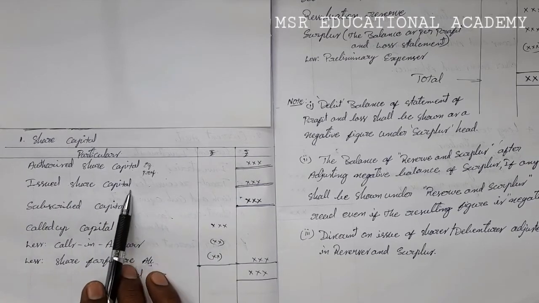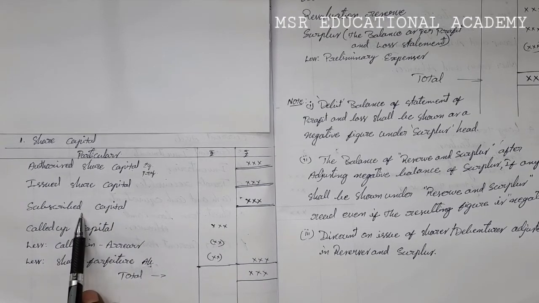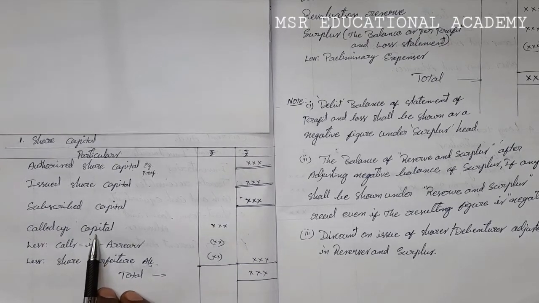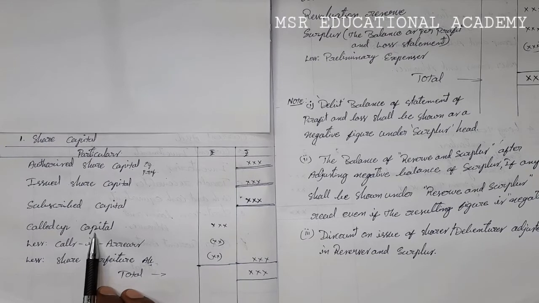Next, issued share capital. In this one also you should write equity and preference share capital. Subscribed capital also, you can write equity share capital as well as preference share capital. And under called up capital also, you can write equity share capital and preference share capital separately.